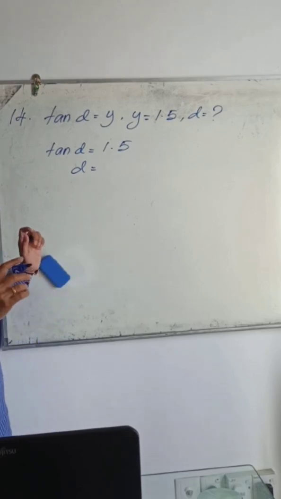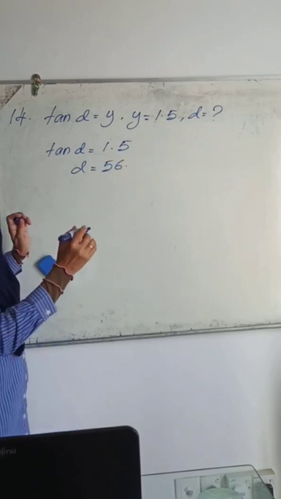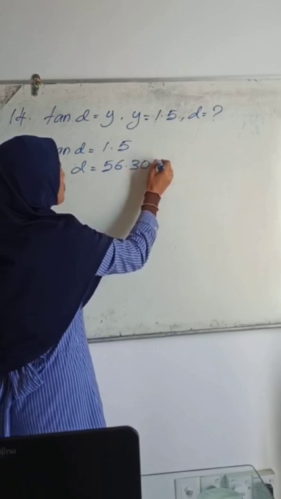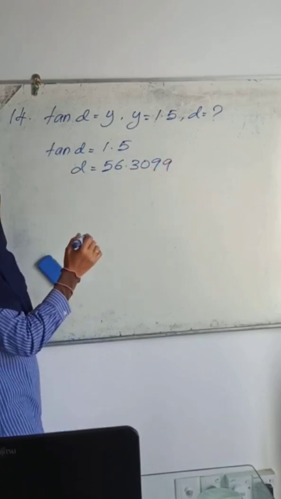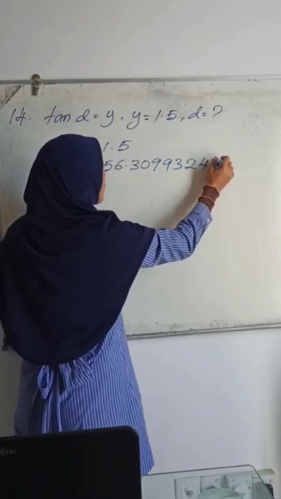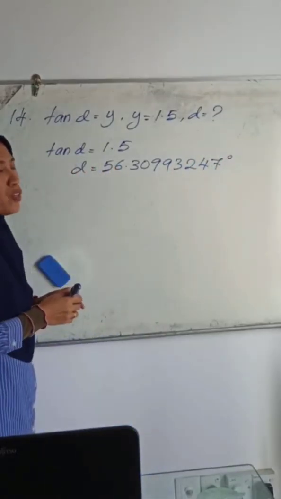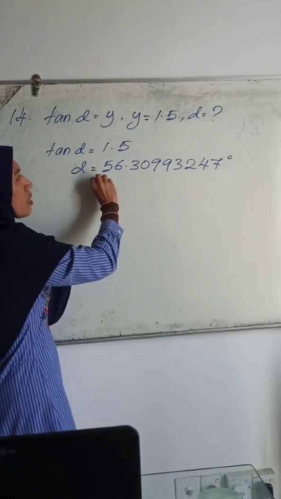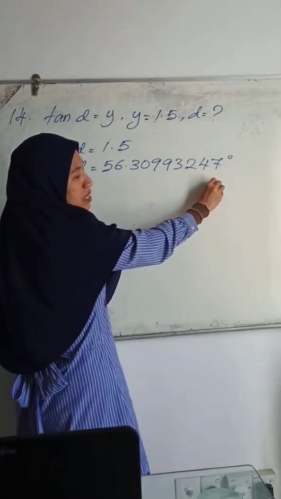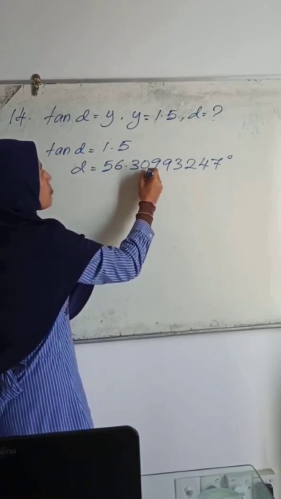The answer in your calculator is 56.3099247 degrees. You don't need to copy all the numbers. You can round off to 2 decimal places.